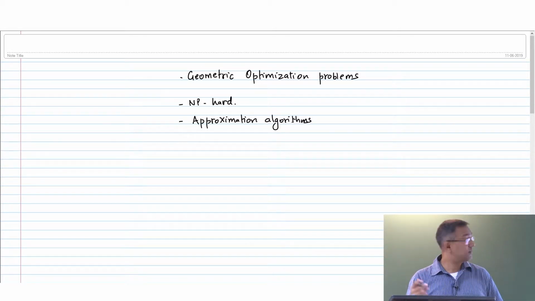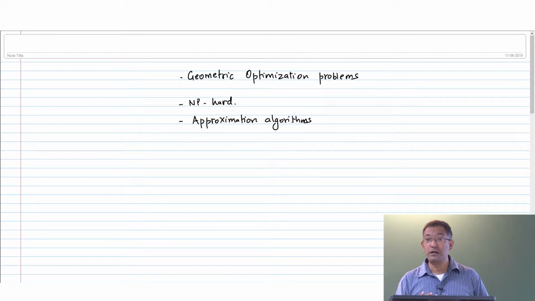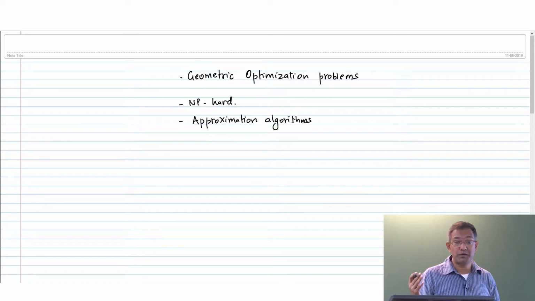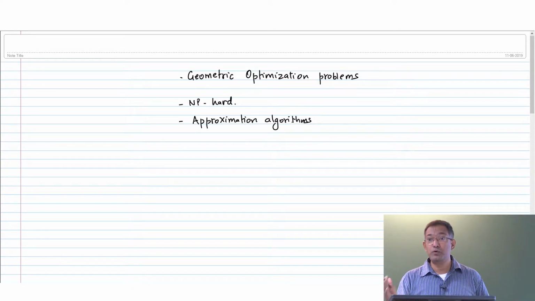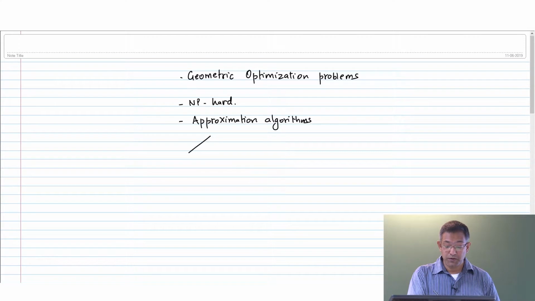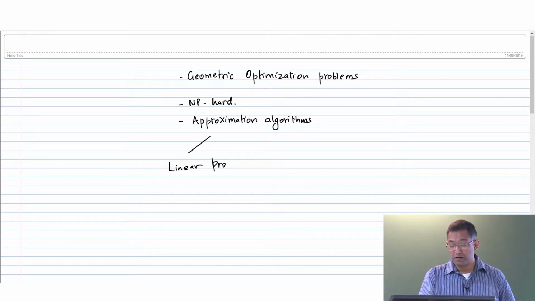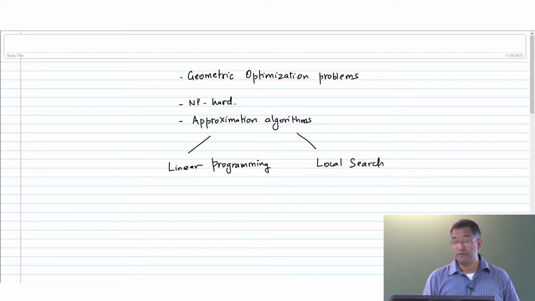I will define what approximation algorithms are. There are several techniques to design approximation algorithms, and also for geometric problems, but we are going to focus specifically on two kinds of techniques. One is based on linear programming, and the other is based on what is called local search.